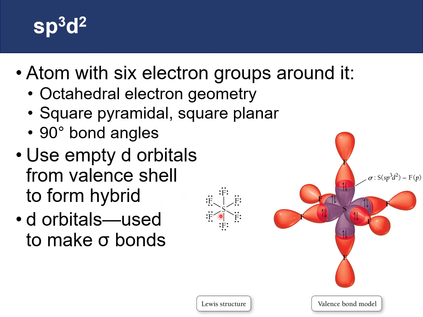An example would be sulfur hexafluoride. Sulfur, which is in the 3rd row of the periodic table, has access to the 3d orbitals. It typically doesn't use them because they are very high in energy.